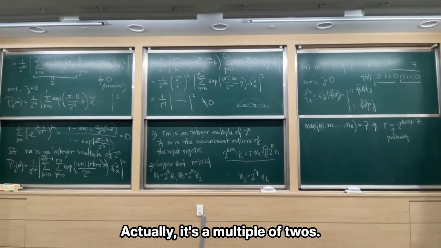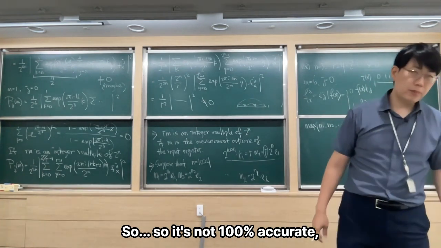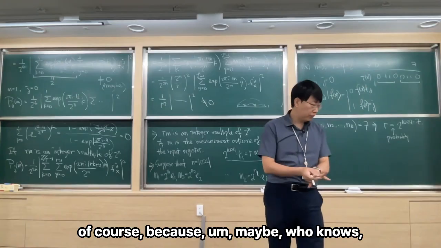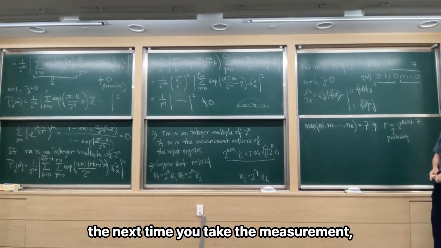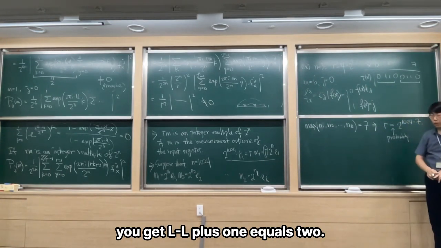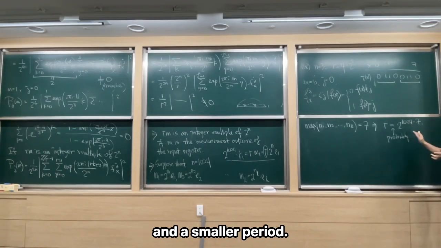Actually, it's a multiple of 2's. So it's not 100% accurate, of course, because maybe, who knows, the next time you take the measurement, you get L plus 1 equals to bigger than 7, right? So then you get a bigger number, a smaller period.